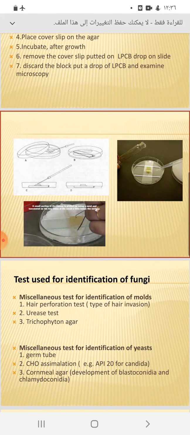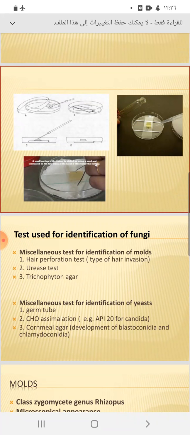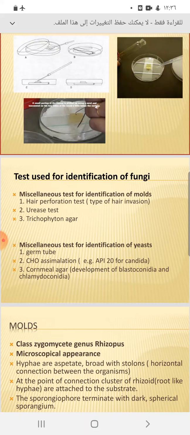This technique is usually used in order to obtain the complete structure of the fungus. We can see the complete structure of the fungus by this method. For biochemical tests used for identification of fungi, the miscellaneous tests for identification of molds are: number 1, hair perforation test, number 2, urease test, number 3, Trichophyton agar.